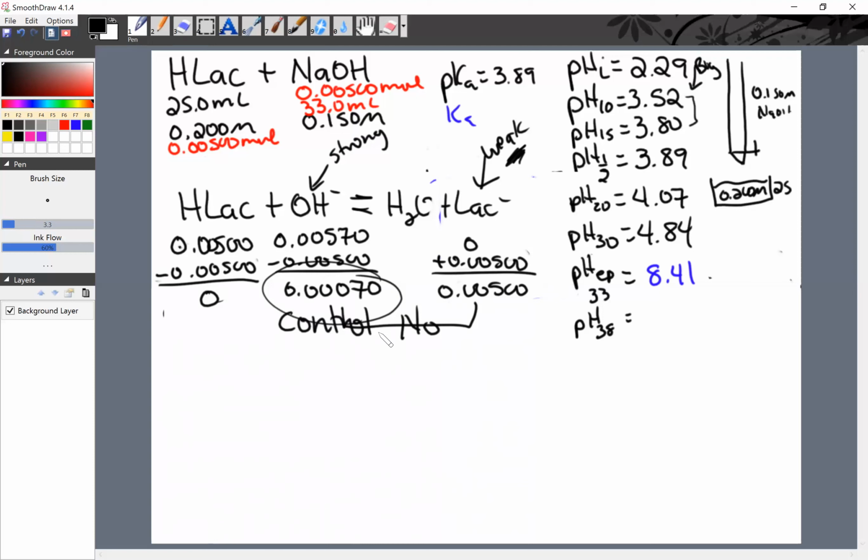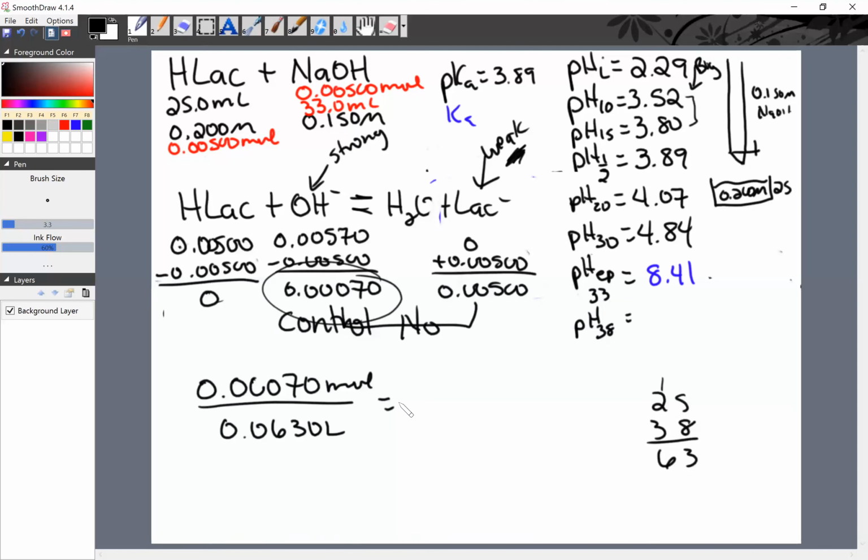But guess what? In order to take the pH or the pOH, I have to have a molarity. So what volume am I sitting at right now? I had my original 25 and now I added 38, so I have 63.